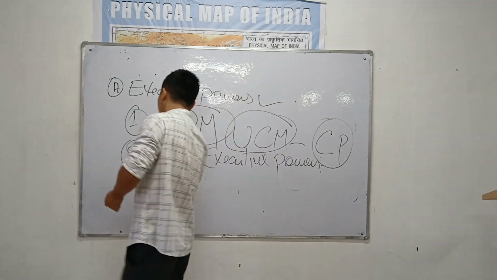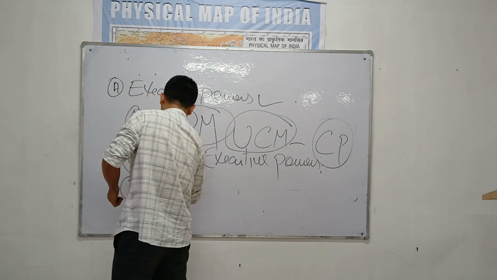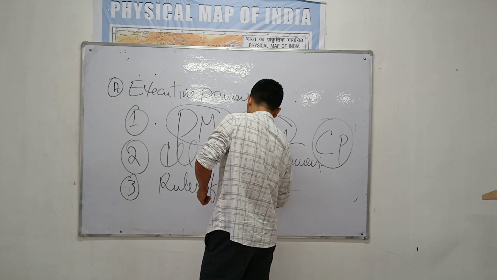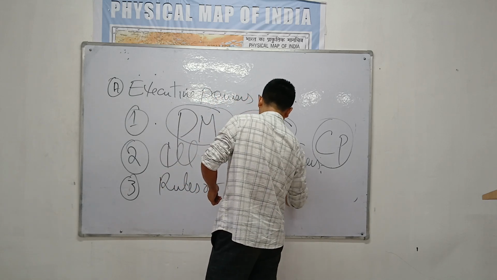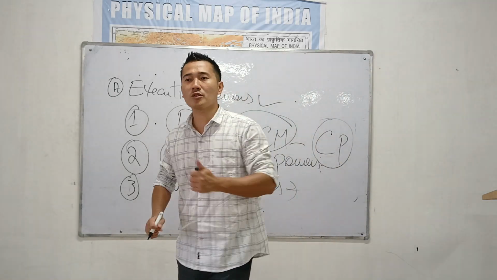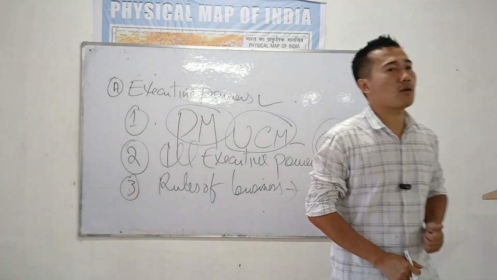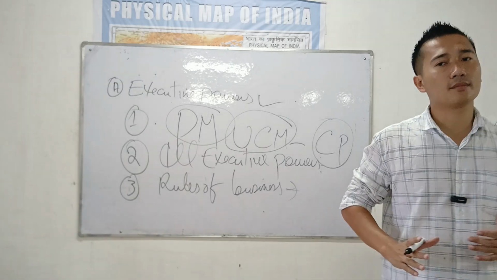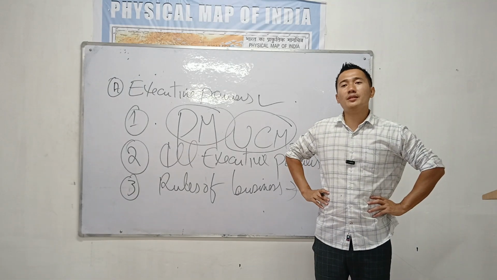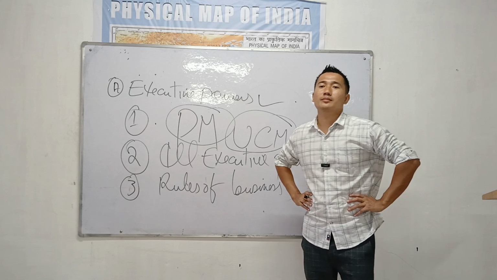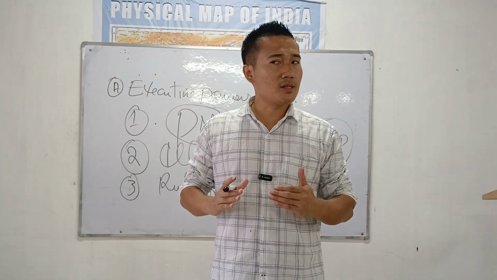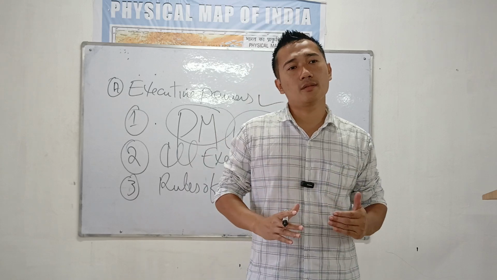Number 3. He makes rules for the most convenient transaction of the Union government.